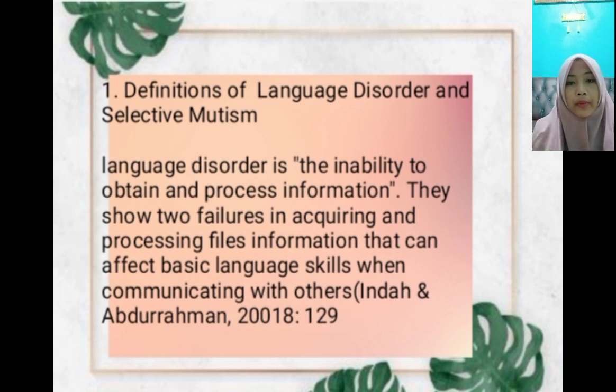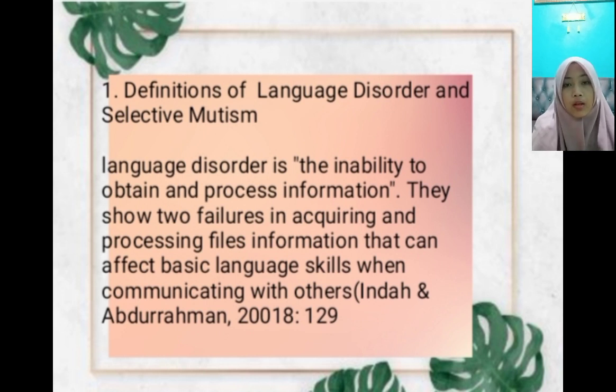They show failures in acquiring and processing information that can affect basic language skills when communicating with others. In certain cases, this has real impact on their abilities to communicate in speech or writing.